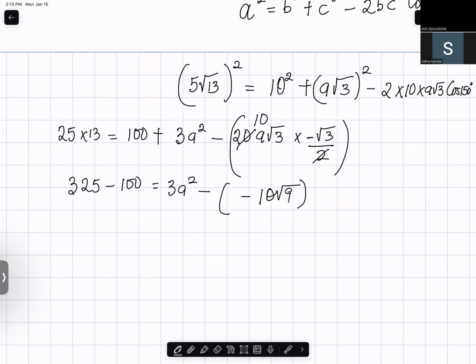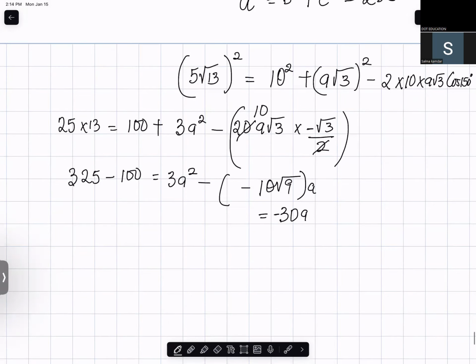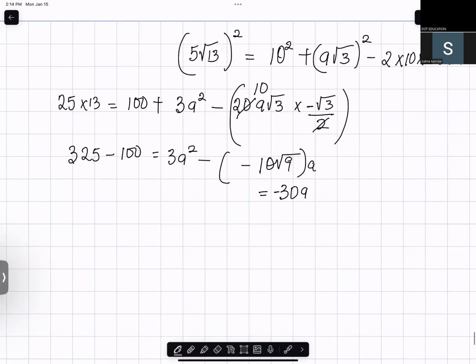Don't forget your a. When I'm done, I'm going to include my a. So minus 10 root 9 will give us minus 10 times 3, minus 30a. So we have minus 30a there.